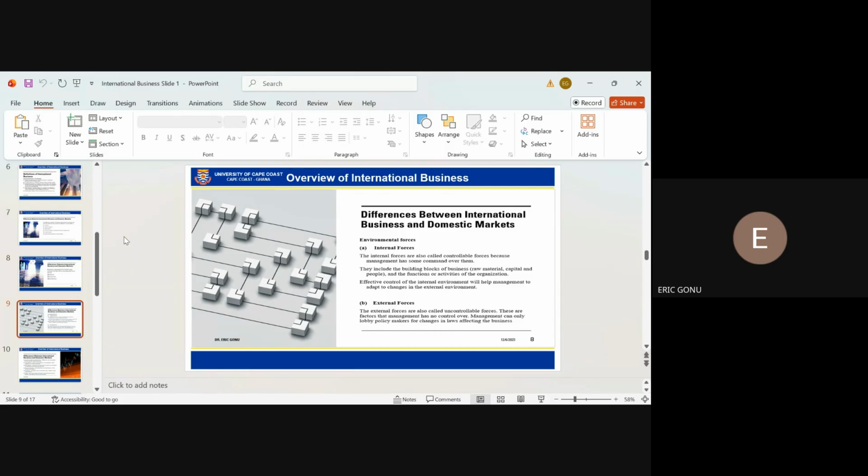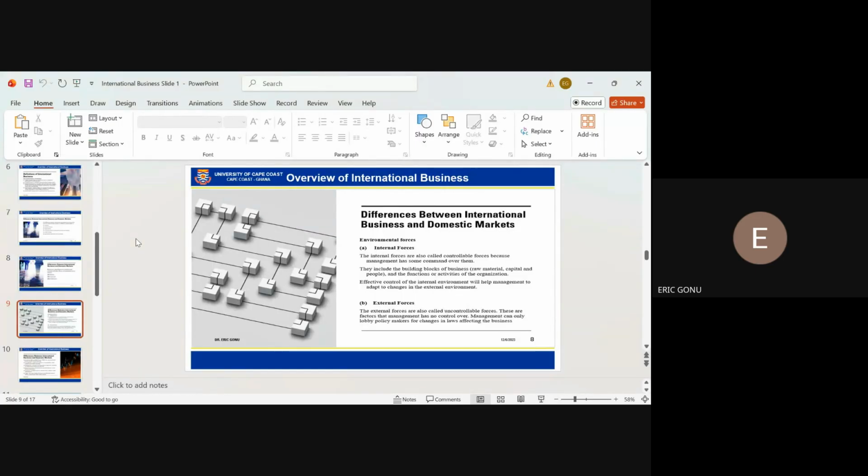You can't instruct them because they control the economy and determine the pace of the business environment. Management has control over the internal forces. But when it comes to external forces like technology, economic forces, and societal culture, you can only lobby policymakers so that they can relax some of the policies so that it will help you do better.